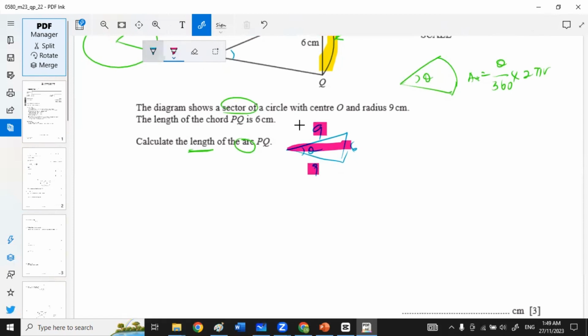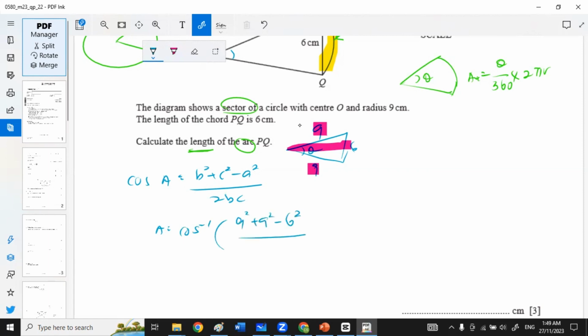So cos A is equal to b squared plus c squared minus a squared over 2bc, or A is equal to cos inverse of (9 squared plus 9 squared minus 6 squared) over (2 times 9 times 9).